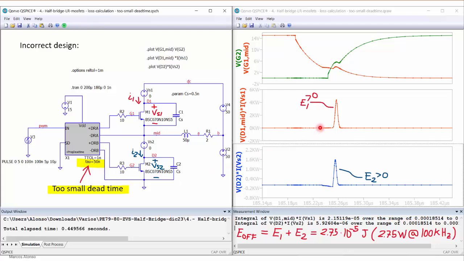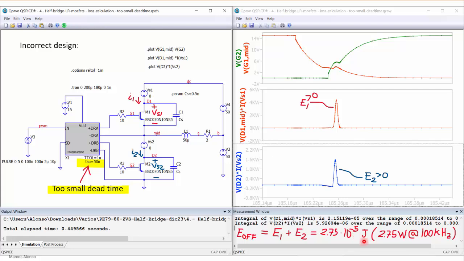The first thing that we can see is that both energies in both switches, including capacitance here and here, are positive. So this means that both of the devices are absorbing energy. And if we calculate these two energies, we get a total of 2.75 times 10 to minus 5 joules.